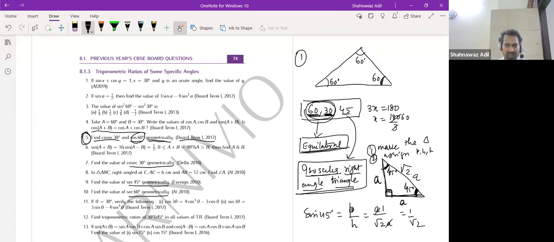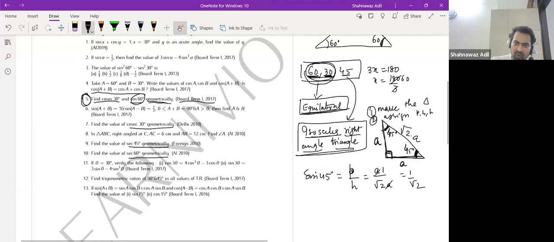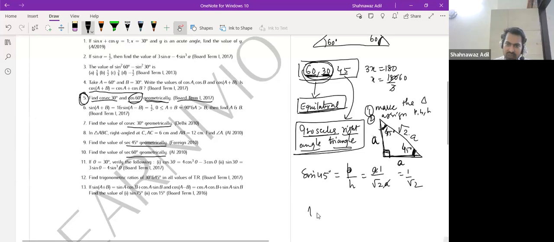Now you guys can calculate all the ratios. Can you tell me what tan 45 would be from this geometry? It is 1, right? P by B is A by A, which is 1.